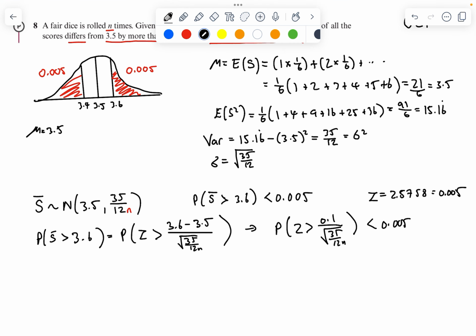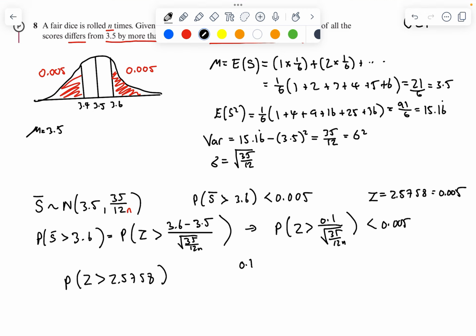Right, so that means I know what I want. My Z has to be greater than 2.5758 according to the table. So now I can put my equation together to solve for n, because n is my unknown.